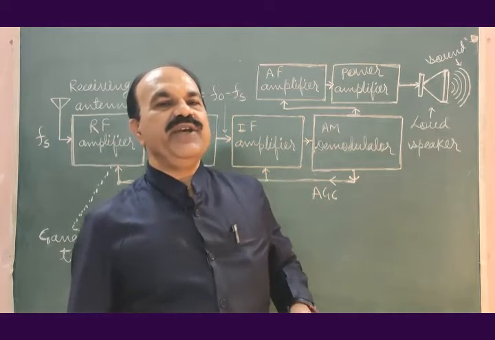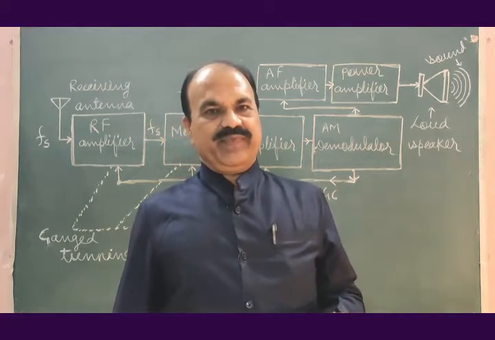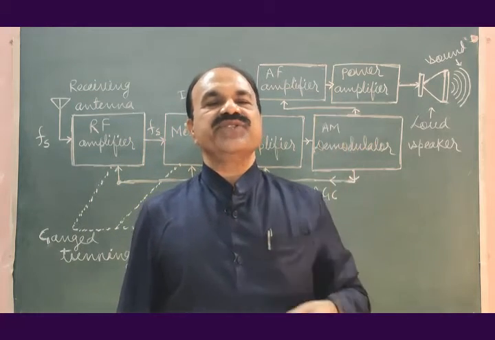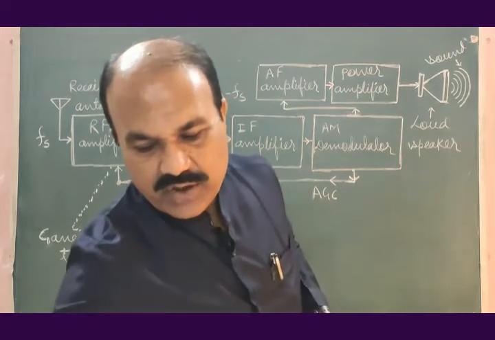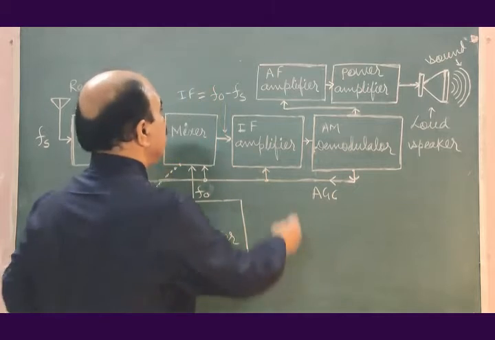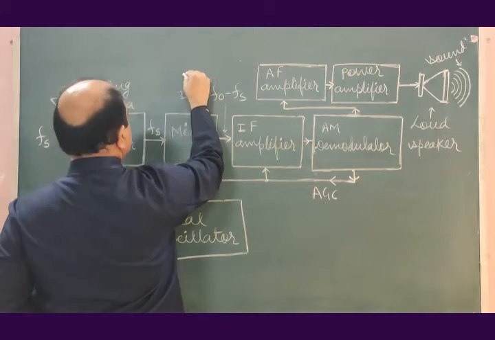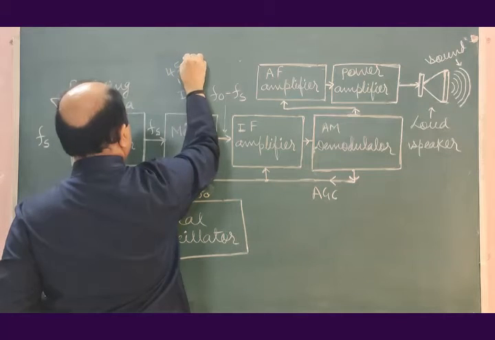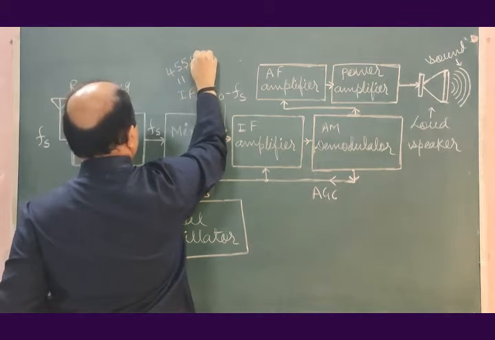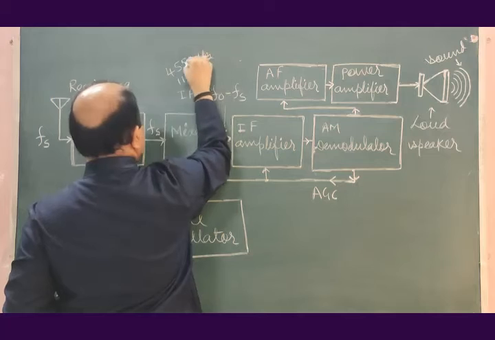For all AM radio stations, this IF frequency is 455 kilohertz.